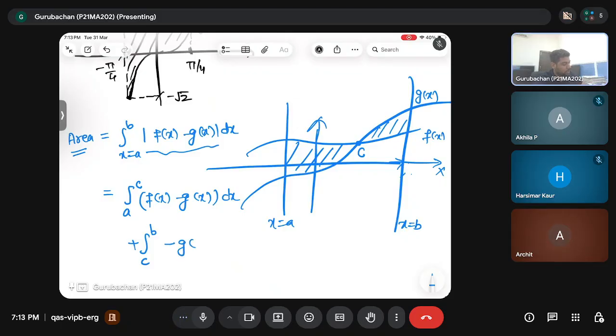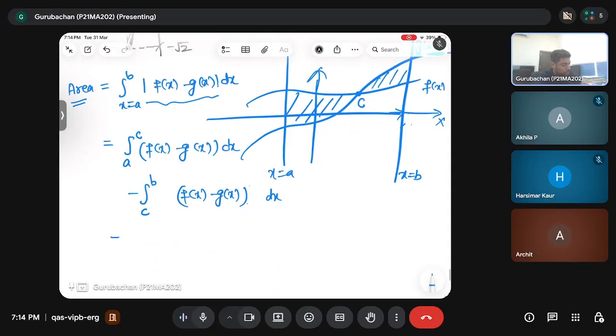So this will be minus of f(x) minus g(x), right? So can I write like this? The integral of f(x) minus g(x) dx plus the integral from C to B of g(x) minus f(x) dx.